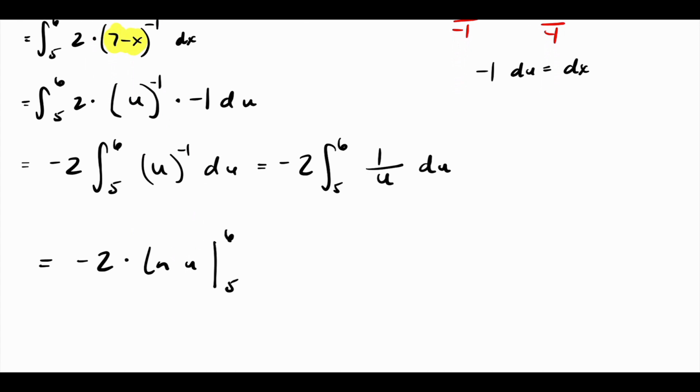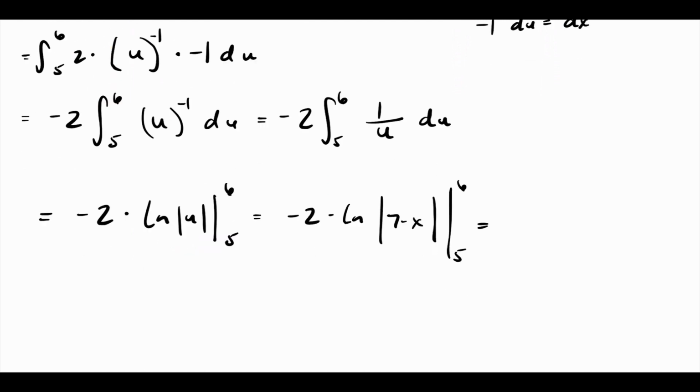Remember, put bars around it because the number has to be positive. We don't know if it's going to be positive yet. So it's -2 times the natural log, put u back in, of the absolute value of 7 minus x from 6 to 5.